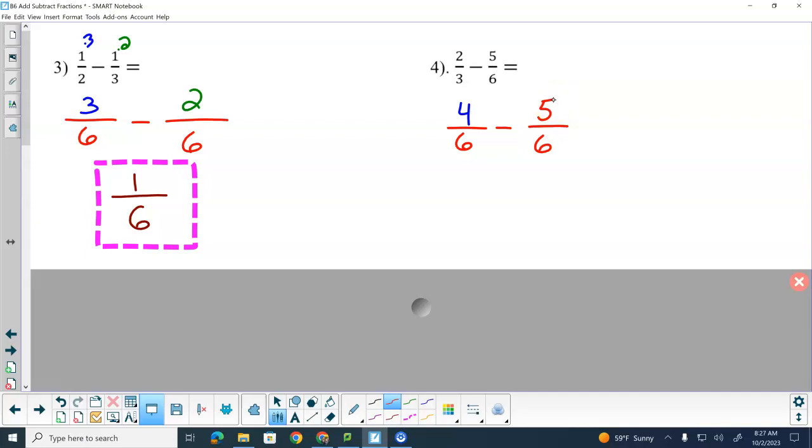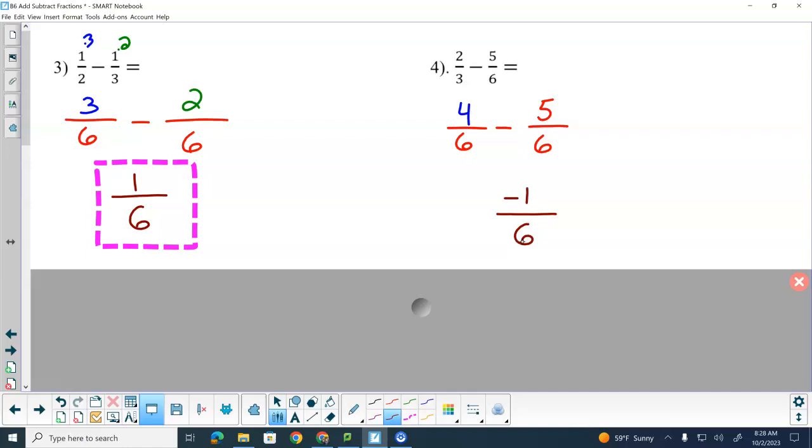So now, instead of adding, we're subtracting. 4 minus 5 is -1. We have to carry that negative sign into the fraction, and for us, we're going to put it on top, nice and clear so we don't get it confused with part of the fraction.